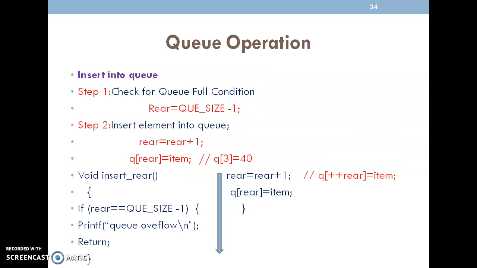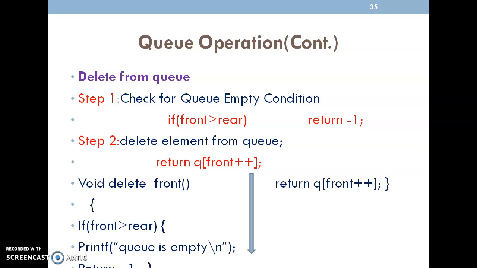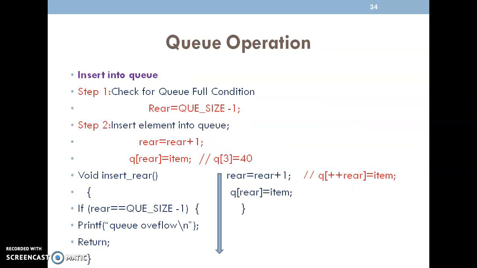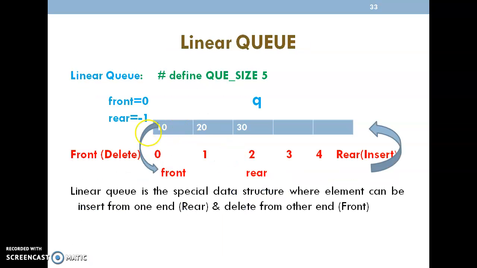Then the next step is how to delete an element from the queue. In order to delete the element from the queue, first check whether the queue is empty or not. If it is empty, there is no need to delete any element. So how to check that the queue is empty? As I told, initially rear will be at -1 and front will be at 0.